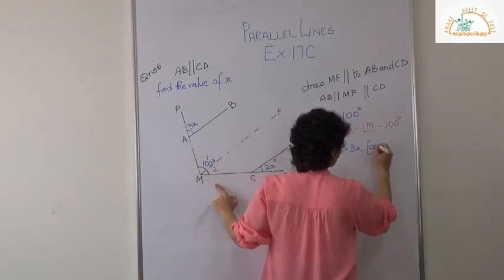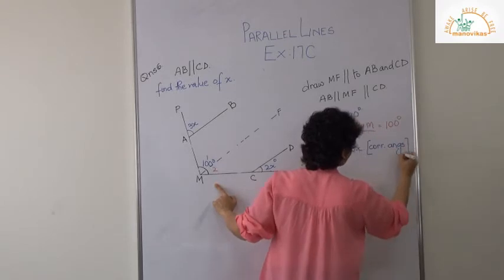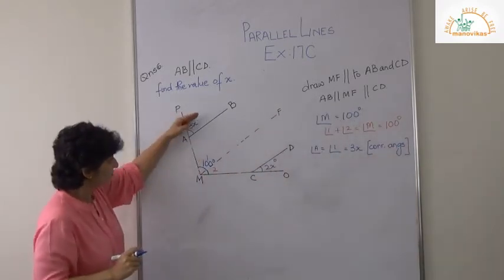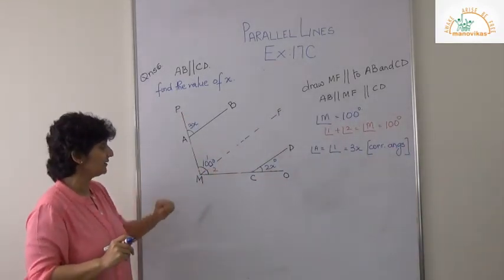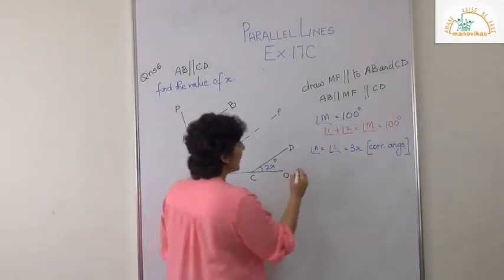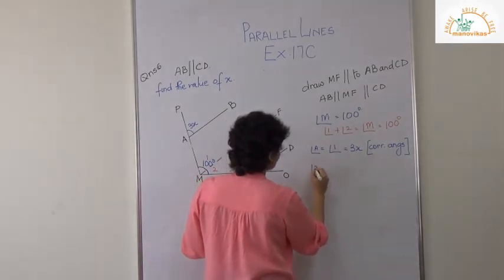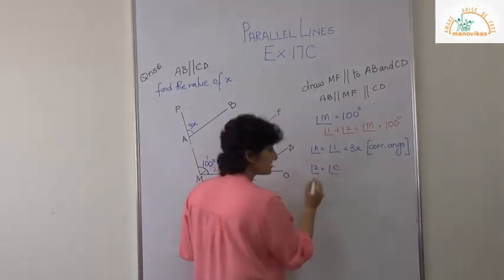You will get it as corresponding angles. Did you get this? 3x is equal to angle 1. These are corresponding angles. And angle 2 is equal to your angle C.